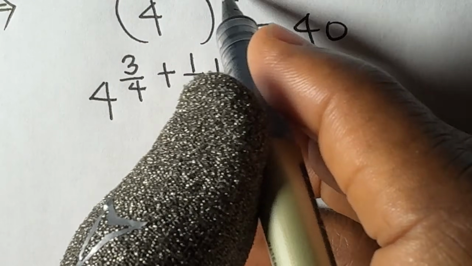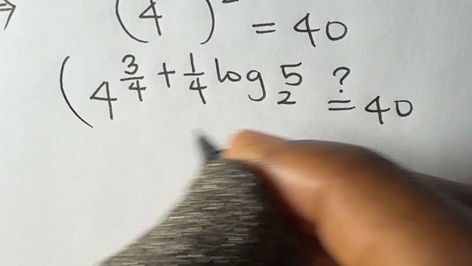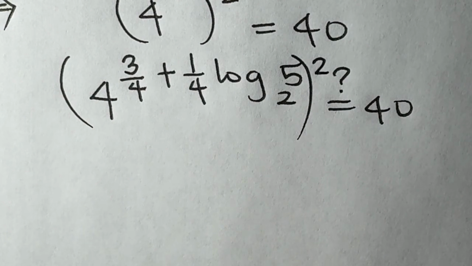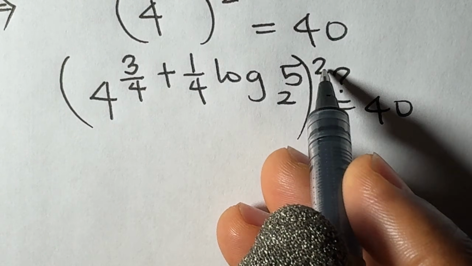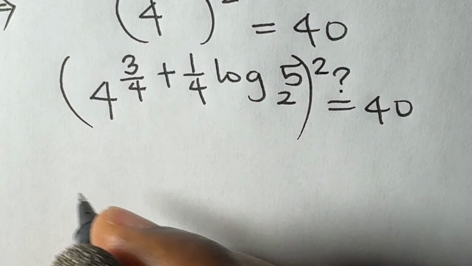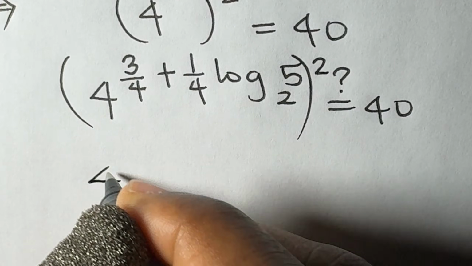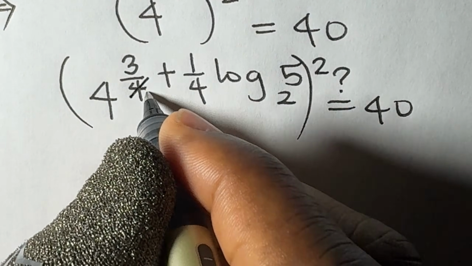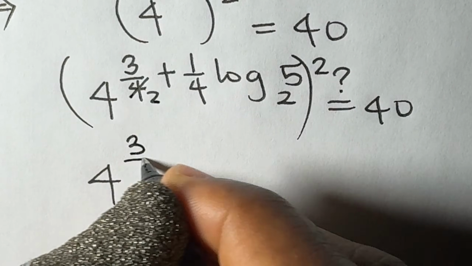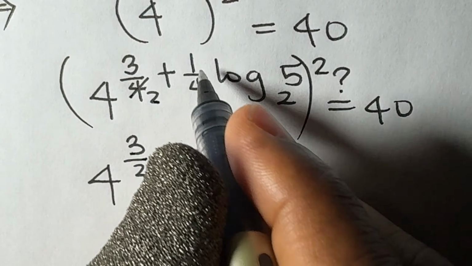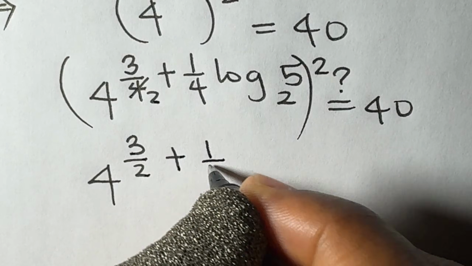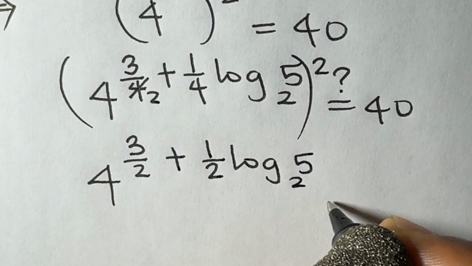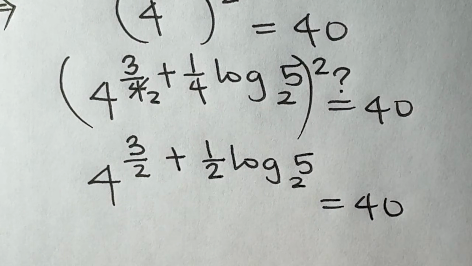Remember there's a square here, so I'm going to say all of this raised to power 2. If I multiply this power by all of this, it will give me 4 raised to power 3 over 4 times 2, which is 3 over 2, then plus 1 over 4 times 2, that will give me 1 over 2 log 5 base 2, is equal to 40.